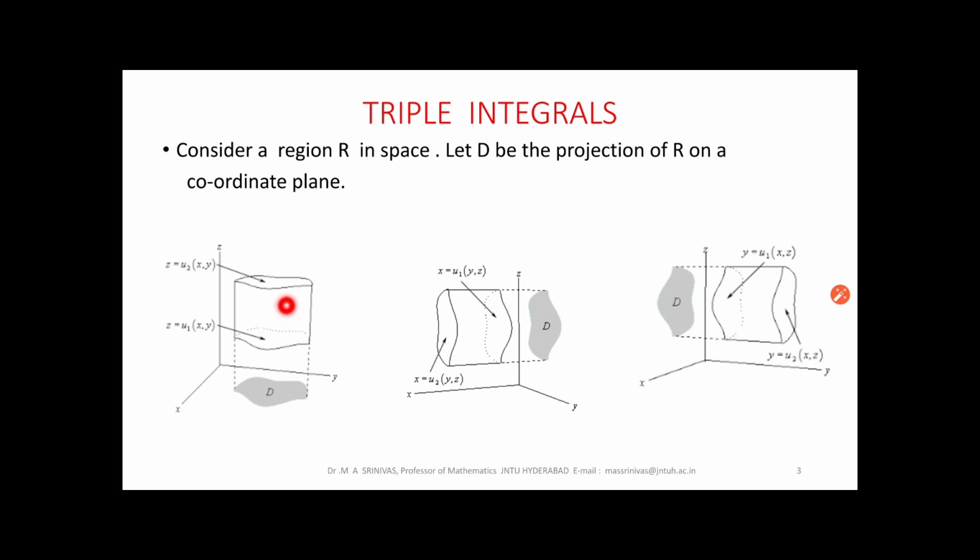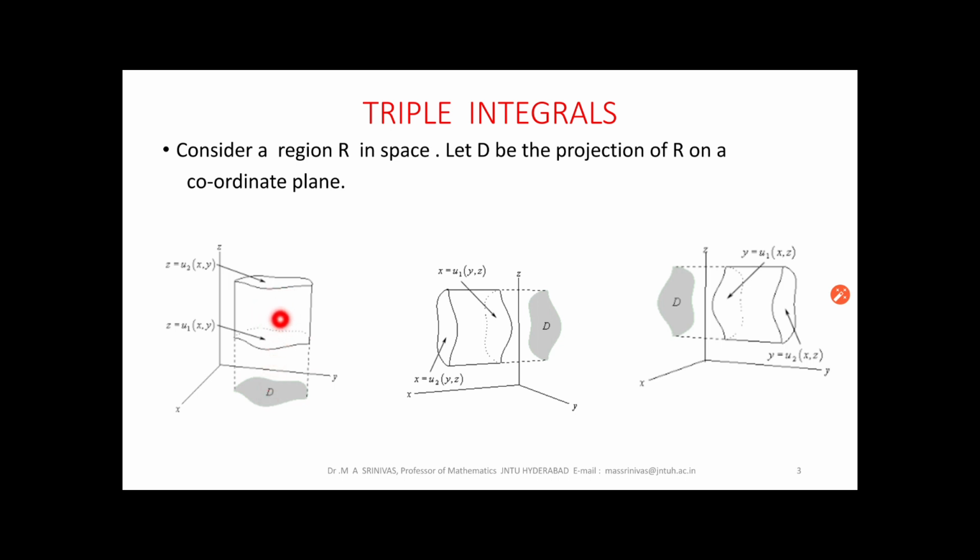In this region, if you take any point (x, y, z), the z coordinate will always be in between u1 and u2. The x and y coordinates will be in the region D, which is the projection of this region on the xy plane.